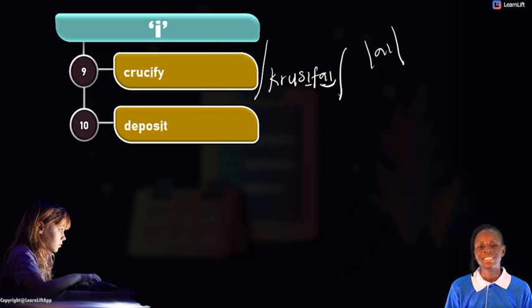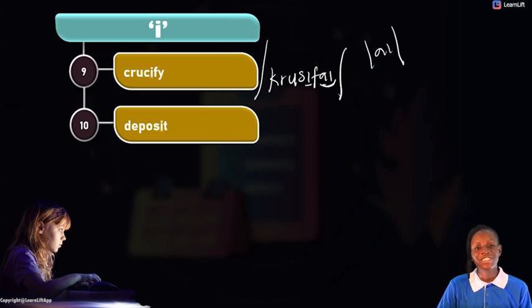Deposit. Now, I've said this before, and I'll say it again. Be very careful of the IPA you are using to transcribe. Some IPA will give you one form of deposit, while British will give you another. So let's transcribe it in the two ways it is transcribed in different IPAs, okay?